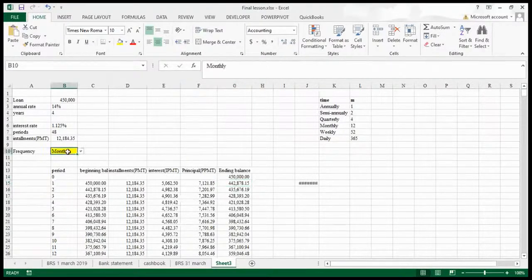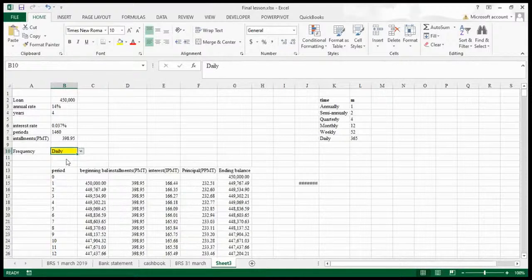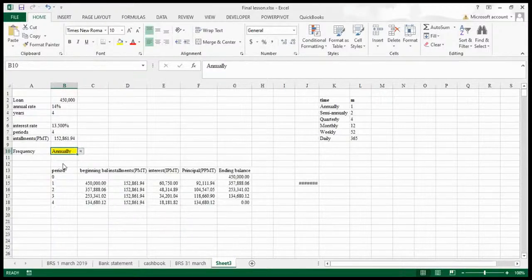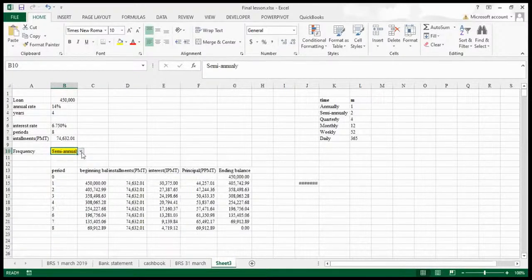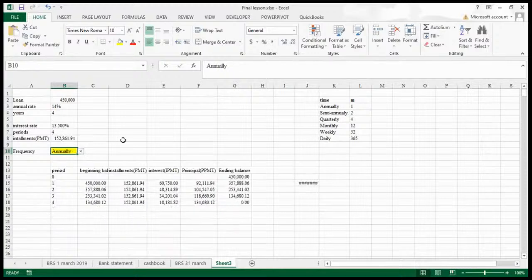Your work is simply to play with the frequency section, courtesy of Excel. So you just sit down and say, okay, let's have the loan amount indicated there, the annual rate, then you are done. So it saves on time, and you need to have this at your fingertips.